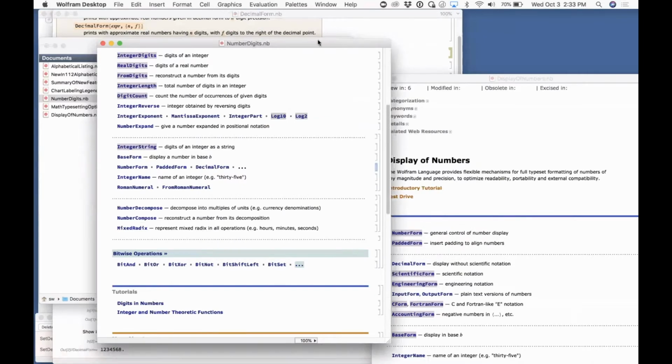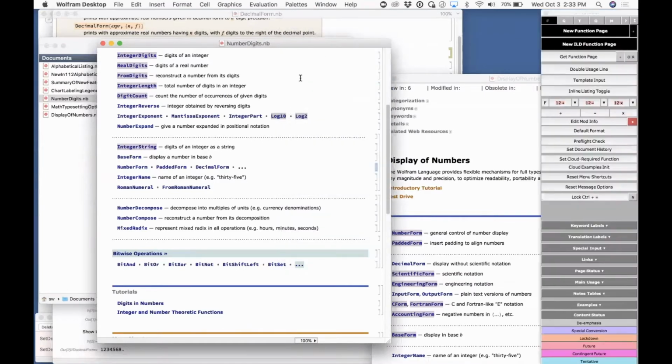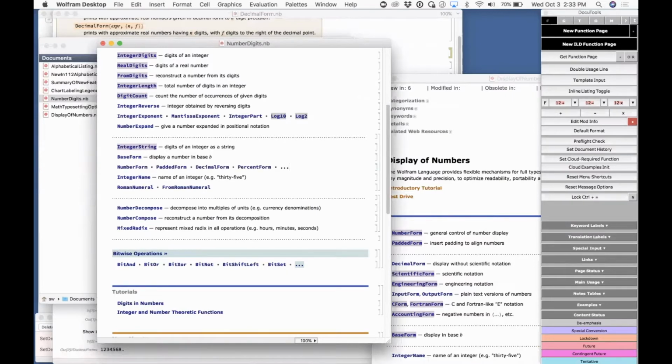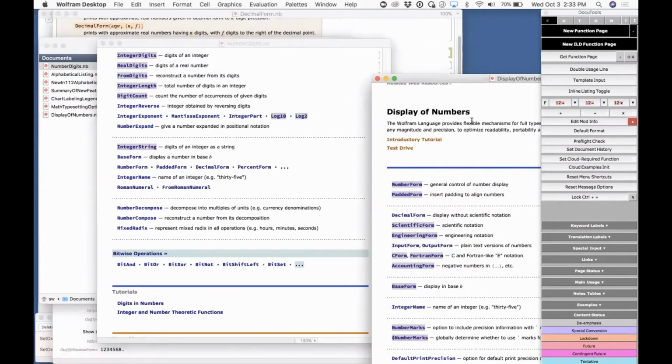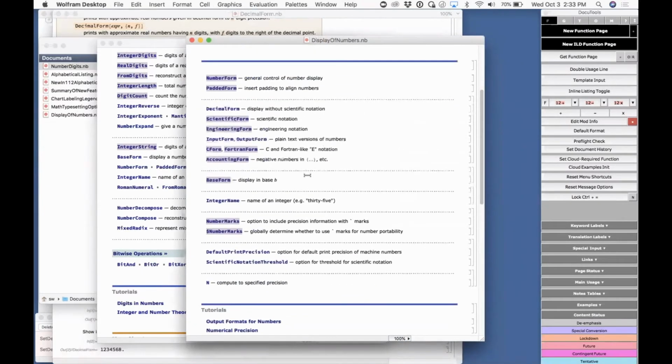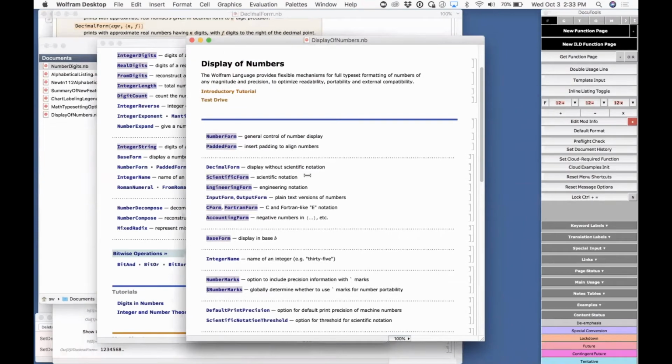Weird. Oh, maybe I didn't start DocuTools here. Display of numbers. Where is DecimalForm? Oh, display without scientific notation. Okay.